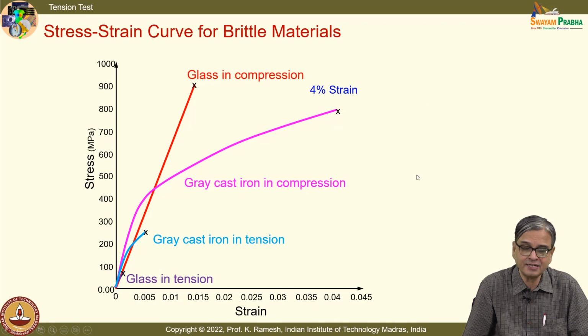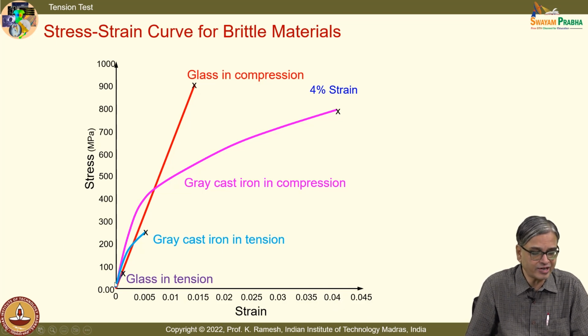So, 4% means 4 divided by 100, okay. So, I have something like 0.04, and what do you see strikingly? I have a glass, and it shows that glass in compression is about 900 megapascal. Is the idea clear? Whereas glass in tension fails below 100 MPa.